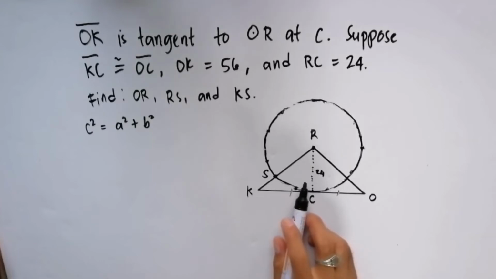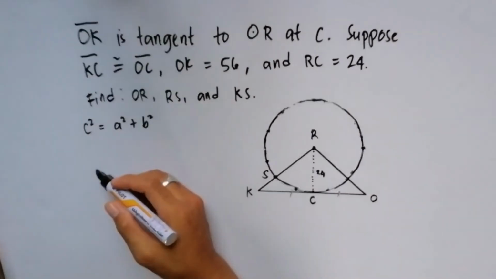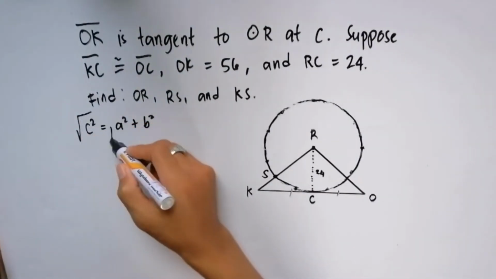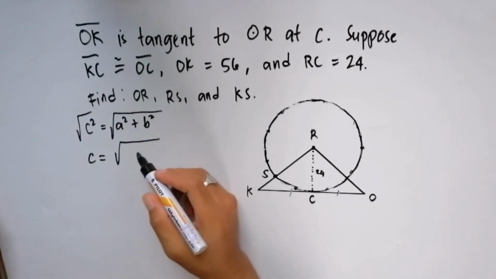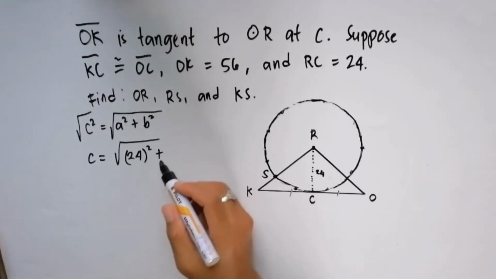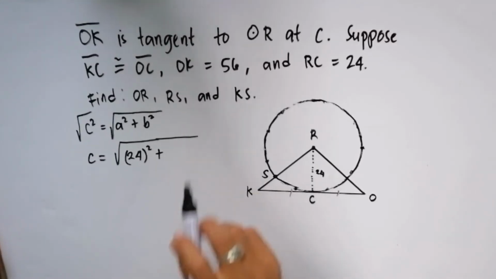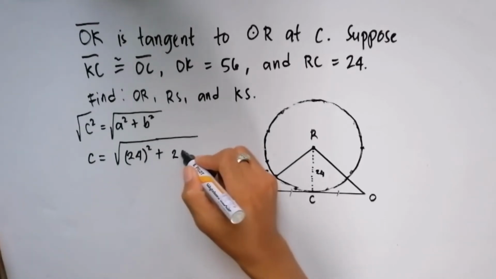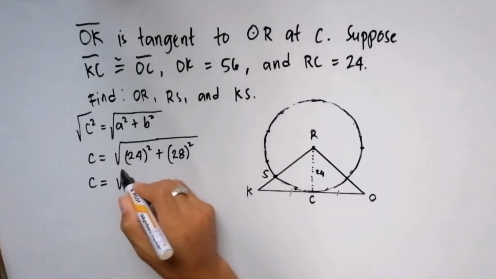Then this is going to be our A and this is our B. So C is equal to the square root of A squared, which is 24, the measure of A. Our B is from C to O, half of 56, so that is 28 squared.